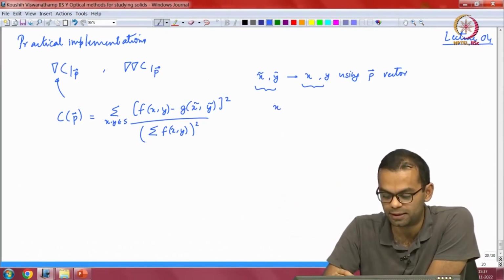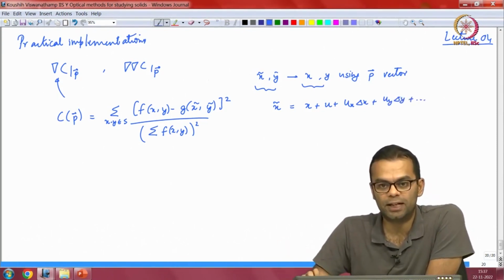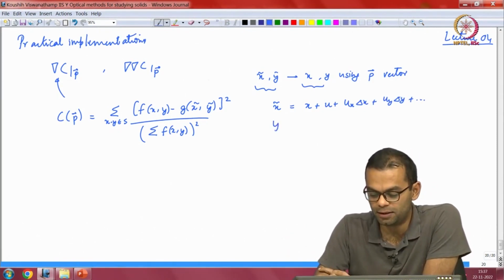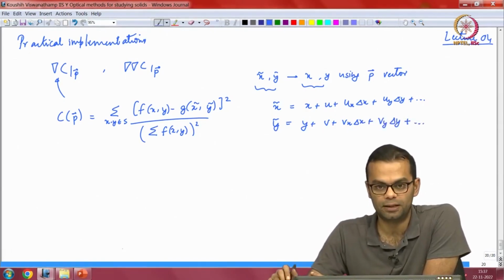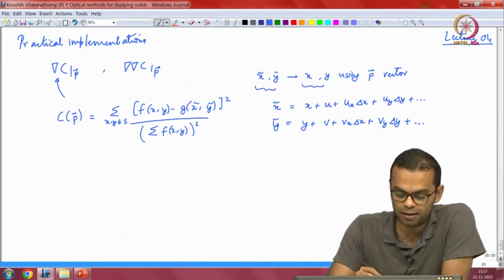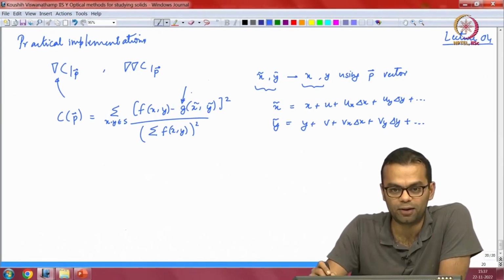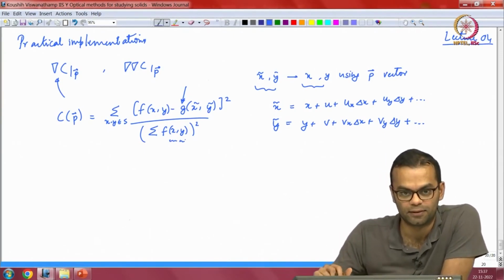We wrote down the Taylor series like this last time, right, and likewise for y tilde like so. Okay. So, all the gradient terms will only act on g and they will not act on f, because f has x and y that do not depend on P, they are in the undeformed configuration.